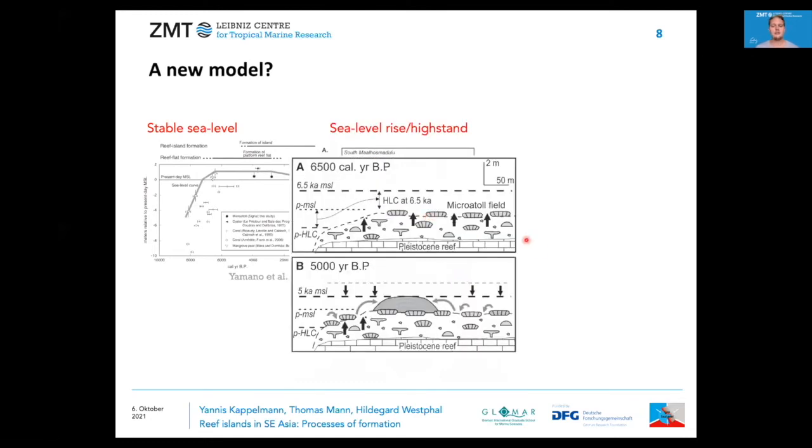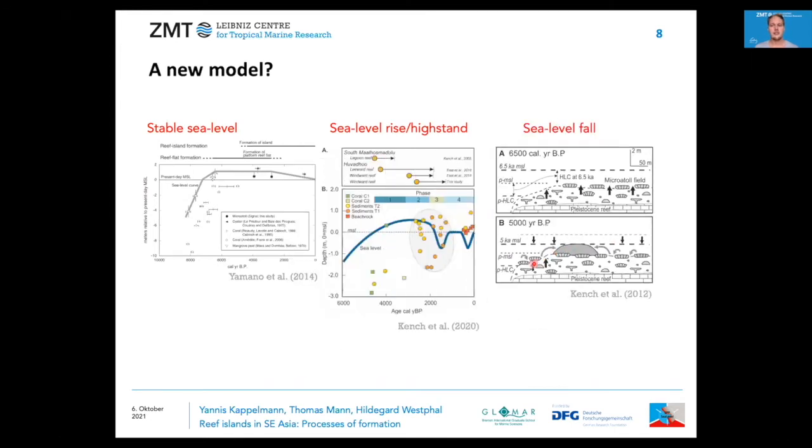And also there are some models that have implied that the decrease of sea level has led to the accumulation of a reef island, and also this hasn't been the case in our study, because we see that the sea level fall to the actual recent position is rather connectable to the island formation of our study.